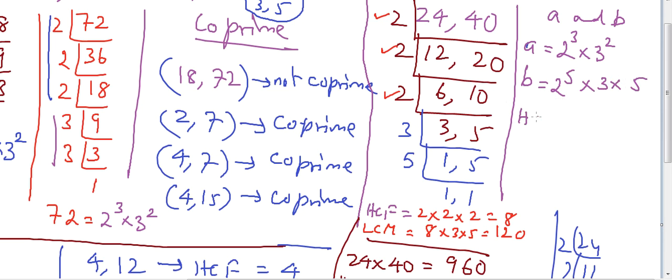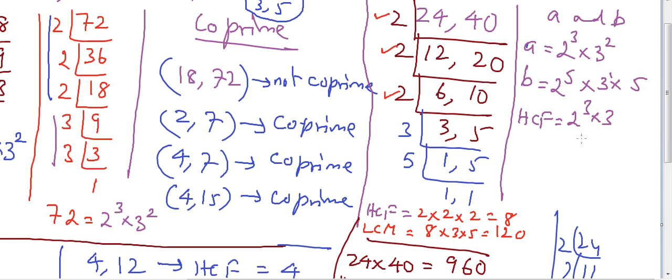The HCF of A and B: what are the common prime factors here? 2 and 3. You need to take the least power of each and multiply. Here, 2 power 3 and 2 power 5, the smallest power is 2 power 3. Similarly, for 3, the smallest power is 3 power 1, so just 3.